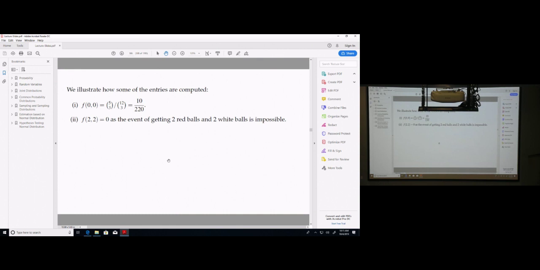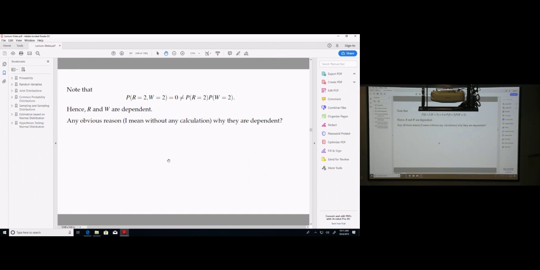Okay, so I guess we'll just go over this quickly. So this is the trick here: pick an entry in the table that is 0, and know that the marginals are not.